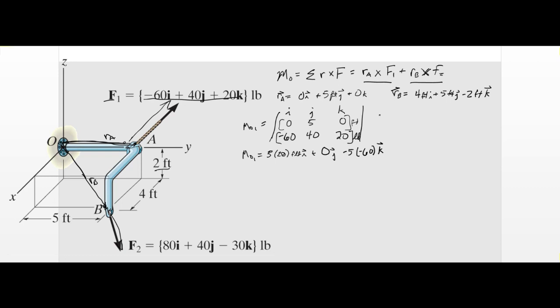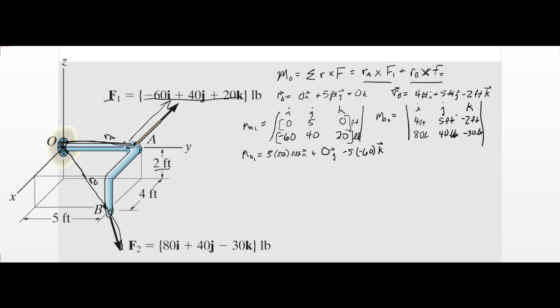Now we're going to do the same thing, and this will be MO2, for the moment due to the force F2, equal to the determinant of I, J, K, the RB of 4 feet, 5 feet, minus 2 feet, and then 80 pounds, 40 pounds, and negative 30.